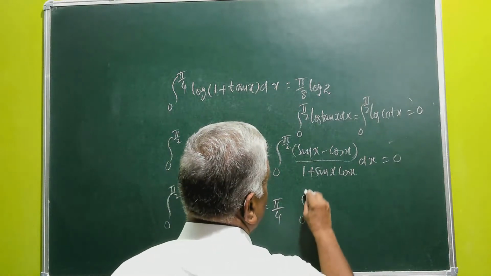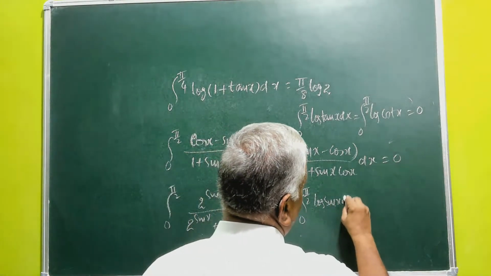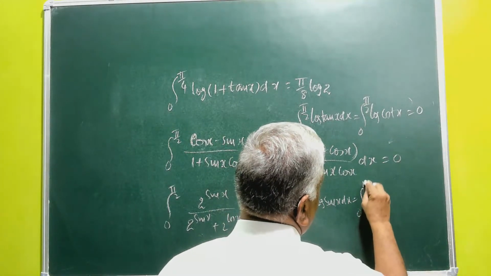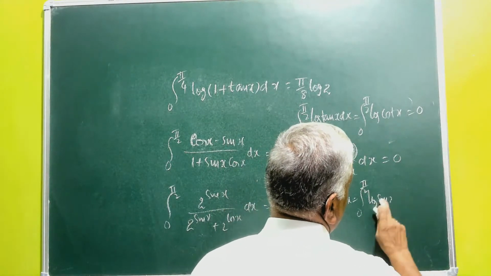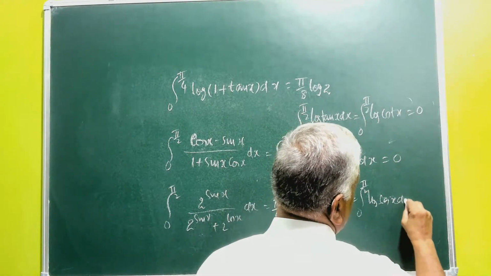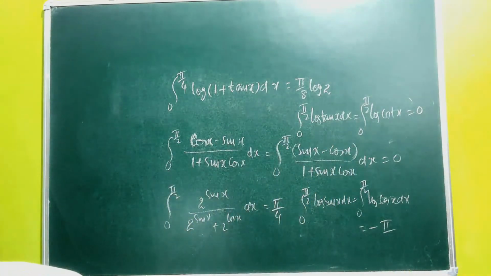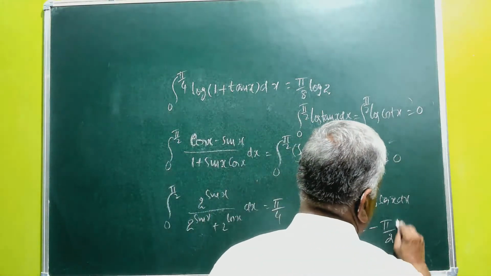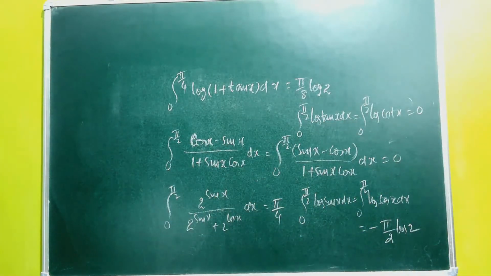Integral 0 to pi by 2 log sin x is a very difficult problem. Takes so much time to work in the regular class. Log cos x dx is equal to minus pi by 2 log 2. So if you can remember this, you can save a lot of time.